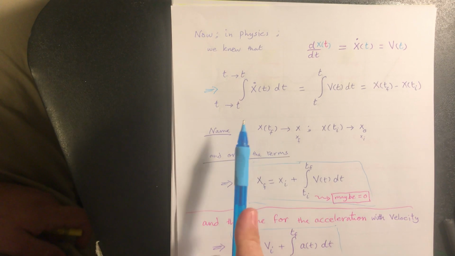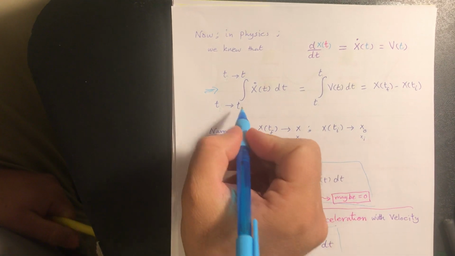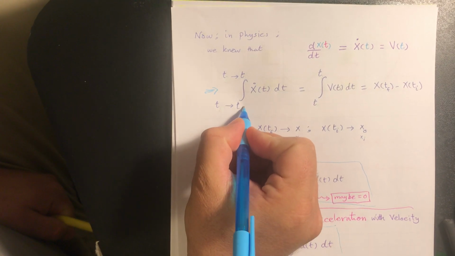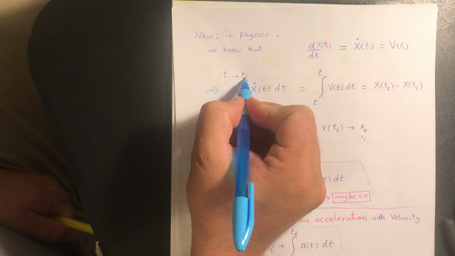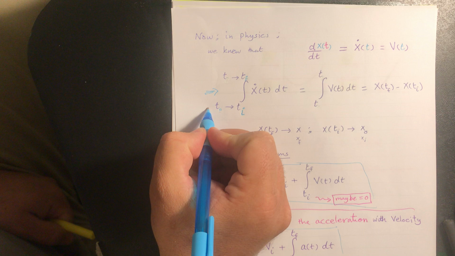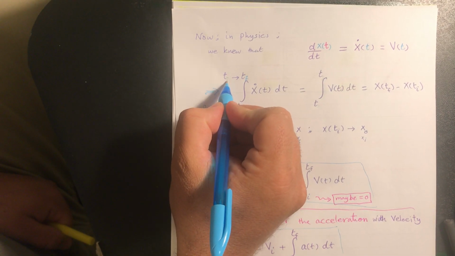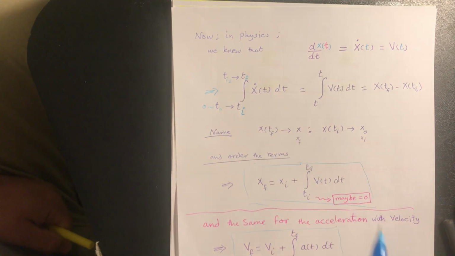And we have two limits. We have t initial and t final. T initial may be equal to t0. Sometimes it is equal to 0 seconds, and this is t1 or t2 or anything like that.